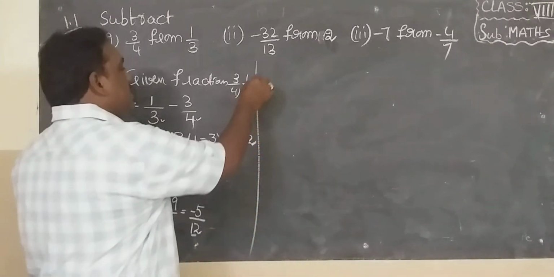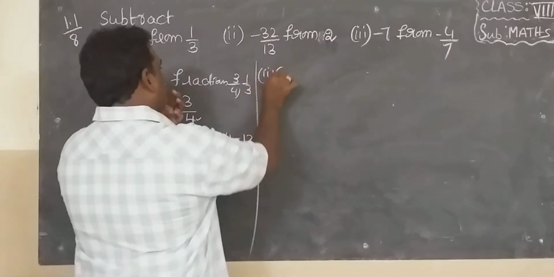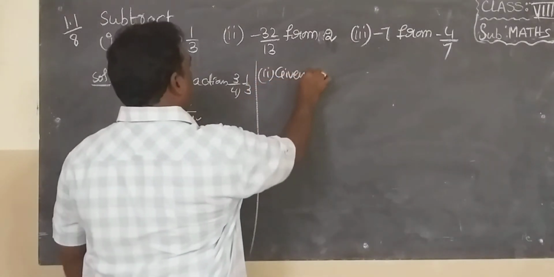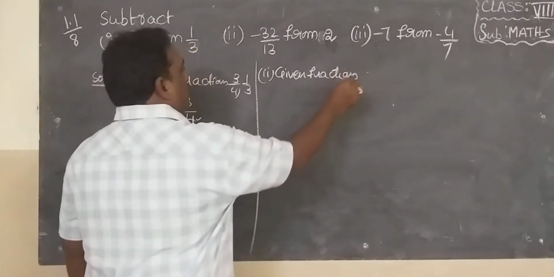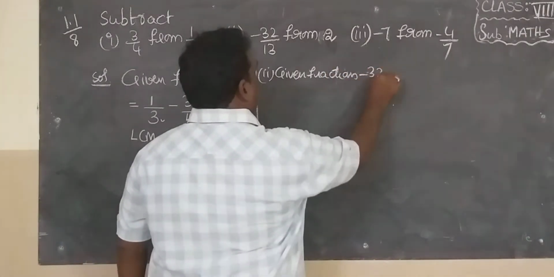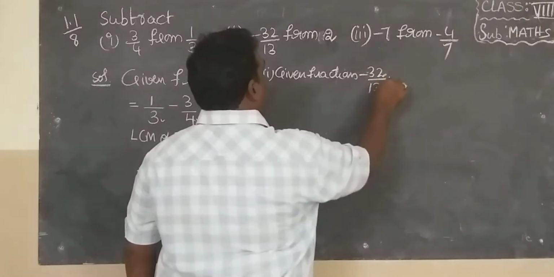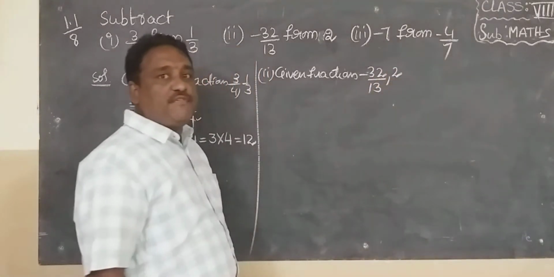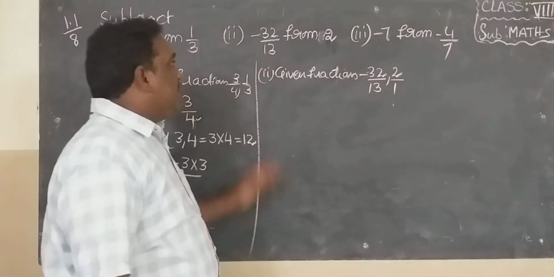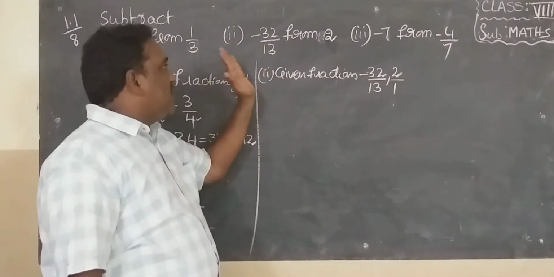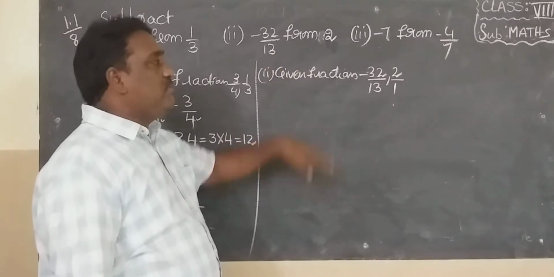Second one, given fractions. What are the given fractions? Minus 32 by 13, comma, 2. They are the given fractions. 2 means we can write 2 by 1. Now subtract minus 32 by 13 from 2.